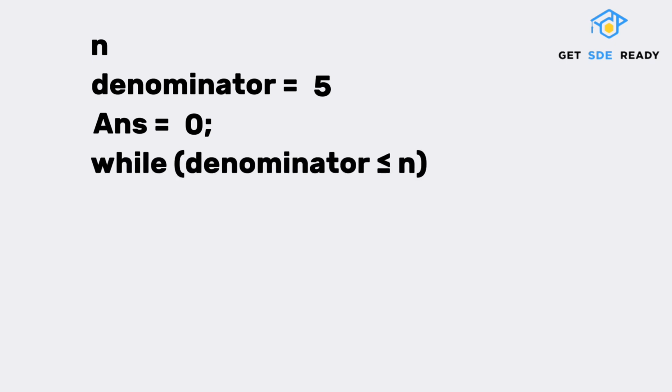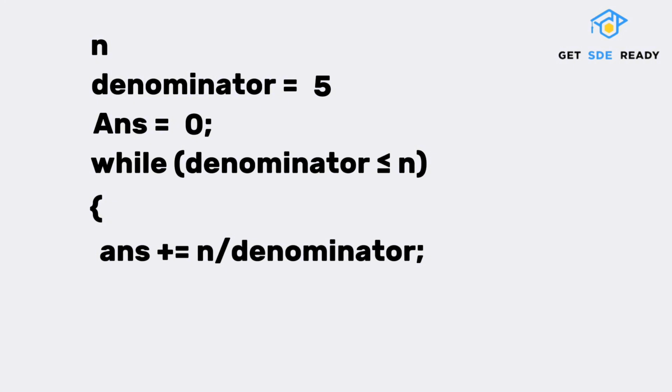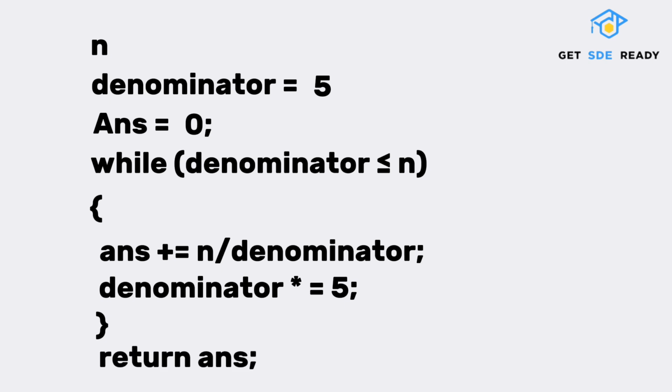So while my denominator is lesser than equals to n, till that point you have to keep on adding: answer plus equals to n by denominator. And now the denominator would be 5 square, then 5 cube, right? So denominator multiplies equals to 5. That is all. And finally you need to return answer.